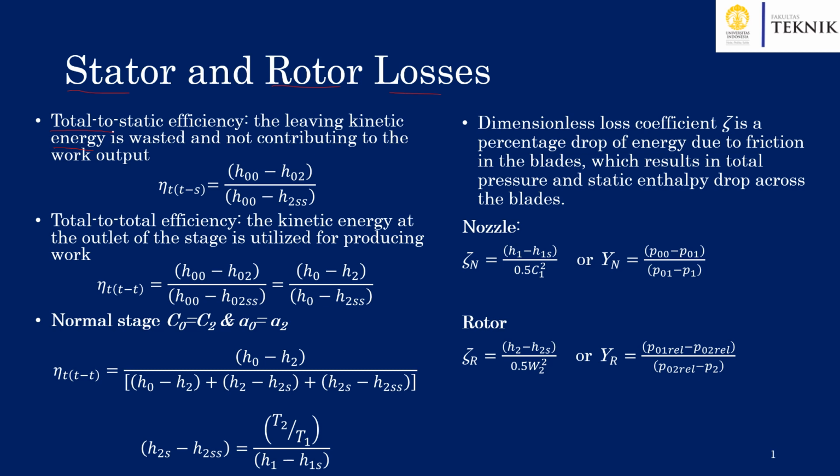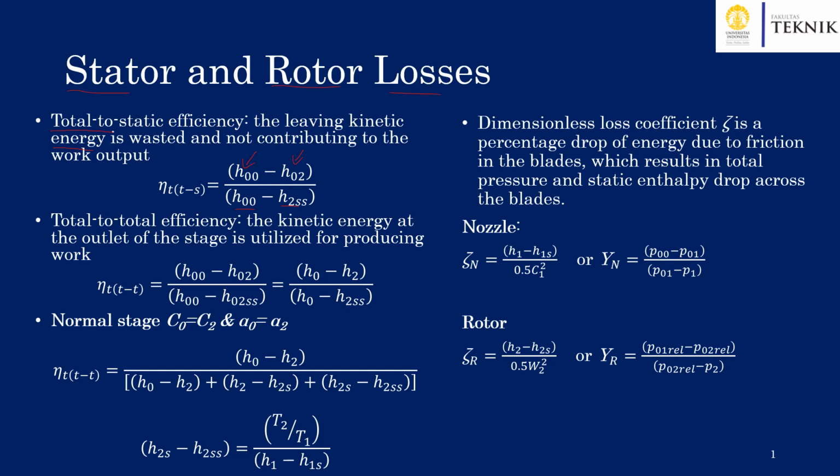It is a ratio between the enthalpy at the inlet of the stator minus the enthalpy leaving the rotor, divided by H00, or enthalpy at the inlet of the stator, minus H2SS, or the enthalpy leaving the rotor.